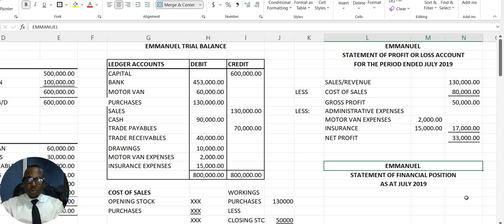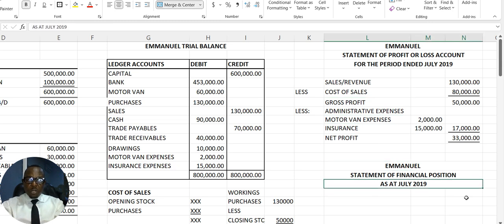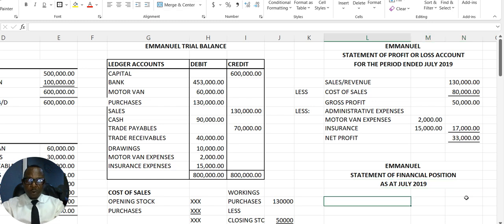Now, I need to call your attention to the fact that when you are preparing your profit or loss account, you use for the period ended, at times for the year ended if it is a year. But in statement of financial position, you use as at the period. You stipulate the period. Please bear it in mind. So going forward, the next thing you're going to write is your non-current asset.